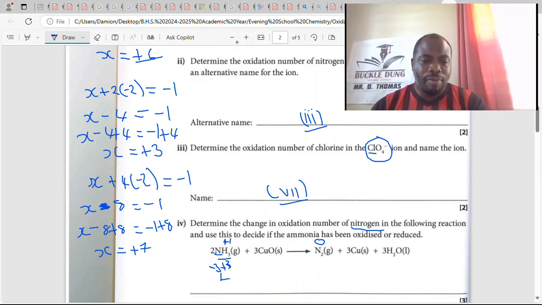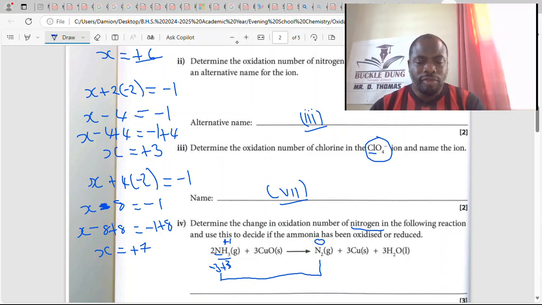So we're moving from -3 to 0. What happened to the oxidation state? It decreased? Sure? No, it increases.